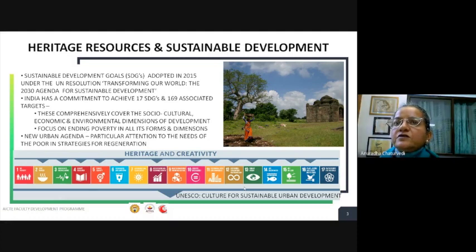In addition to the Sustainable Development Goals, UNESCO has also adopted in 2015 the New Urban Agenda. This was for integrating culture for sustainable urban development, and it pays particular attention to the needs of the poor in strategies for regeneration.